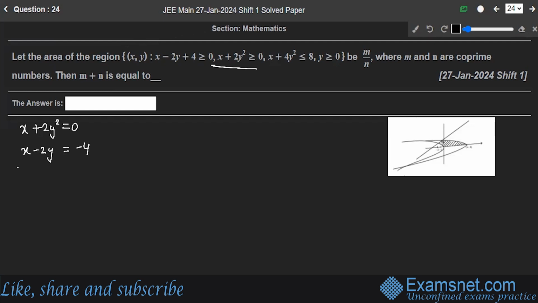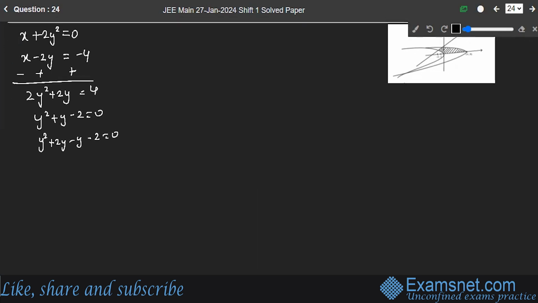Subtracting, you will have 2y square plus 2y is equal to 4, or y square plus y minus 2 is equal to 0, or y square plus 2y minus y minus 2 is equal to 0, so (y plus 2)(y minus 1) is equal to 0. You'll have the two values of y: 1 or minus 2.